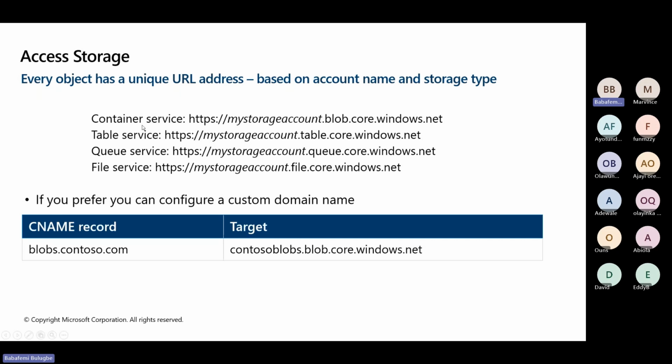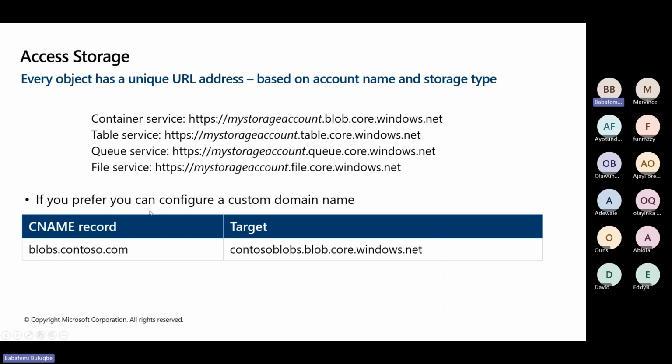The kind of service you are creating is the kind of URL that you get. If I create a container service, I'm going to get blob.core. If I create a table service, I'm going to get table.core. Same thing goes with the queue and the file.